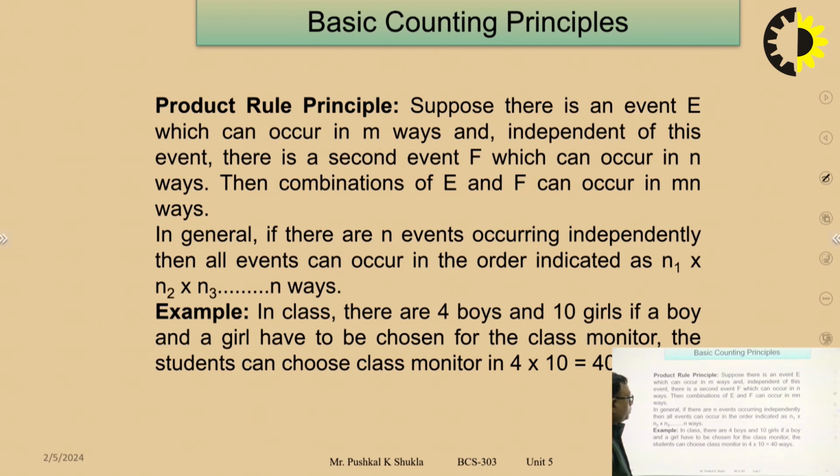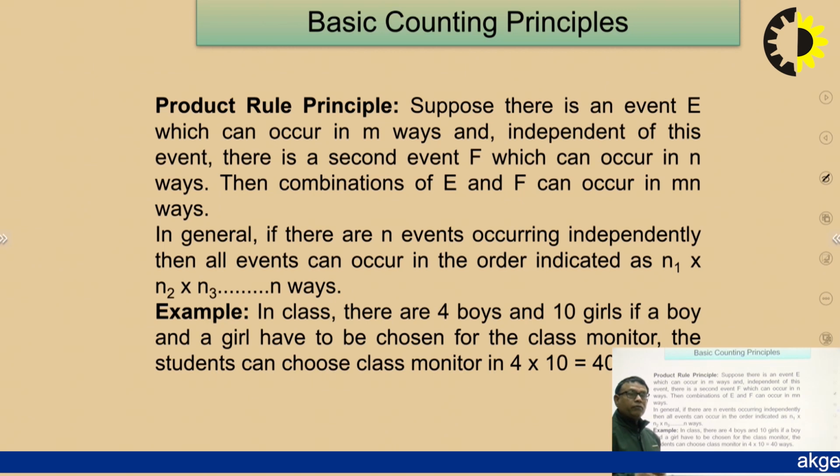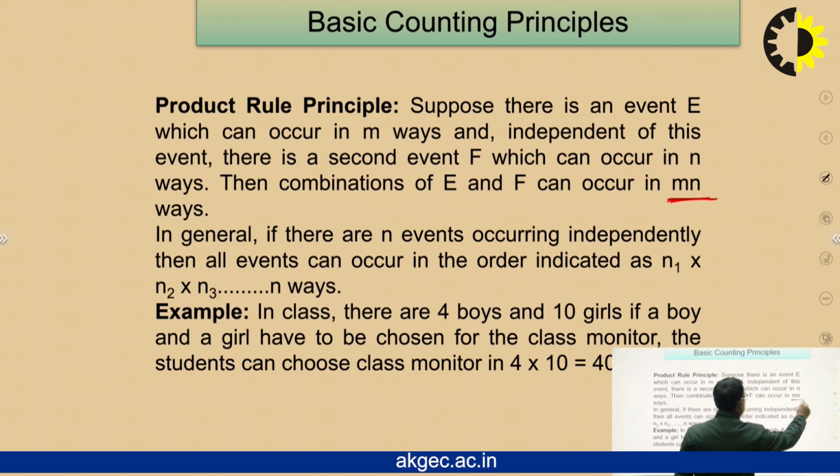Product rule. Suppose there is an event E which can occur in m ways, and independent of this event there is a second event F which can occur in n ways, then the combination of E and F can occur in m into n ways, mn ways.